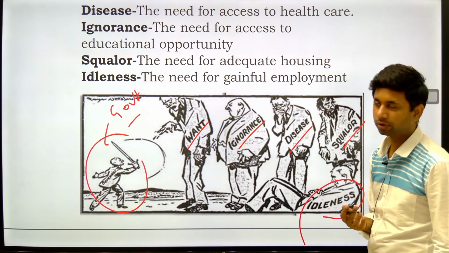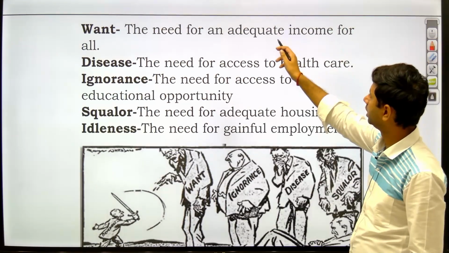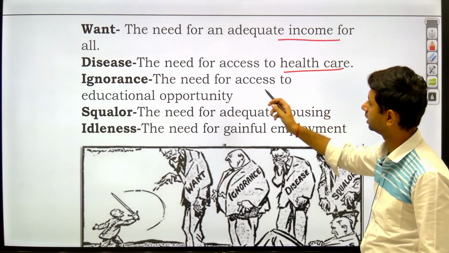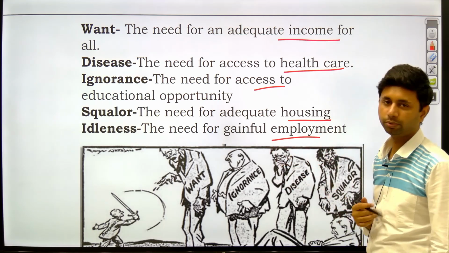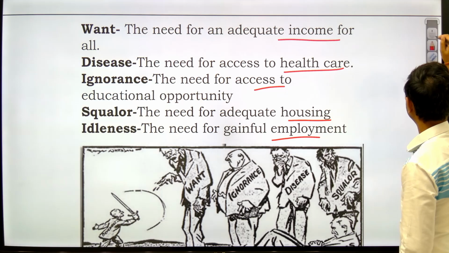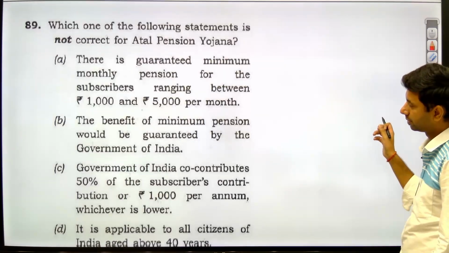And what are the various policies with respect to each? It talks about adequate income for all, access to health care, access to educational opportunity, adequate housing, gainful employment. Okay, so these are the five contingencies mentioned by William Beveridge.